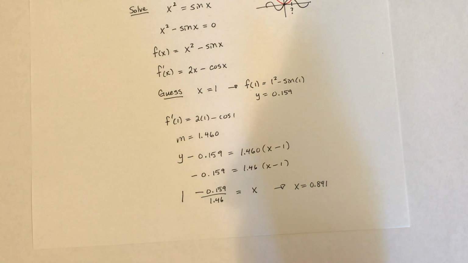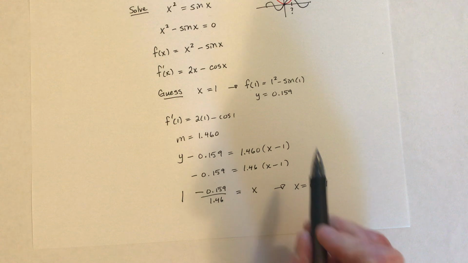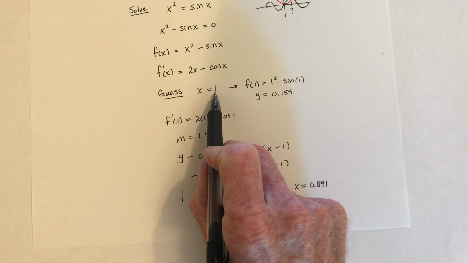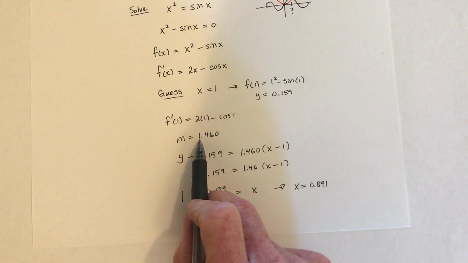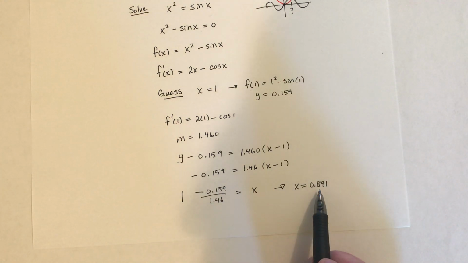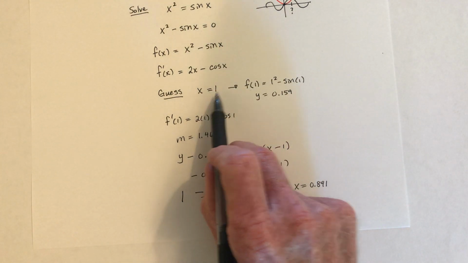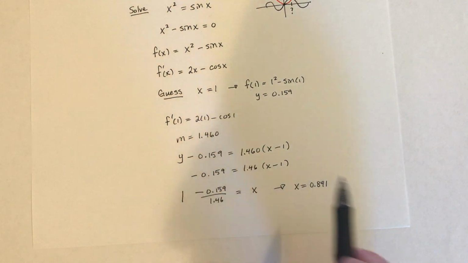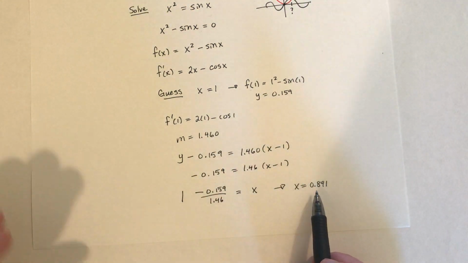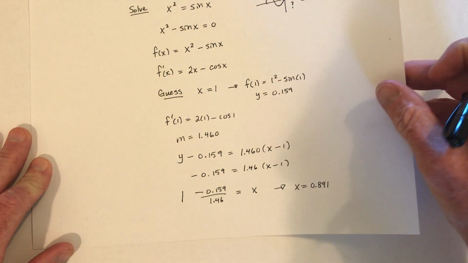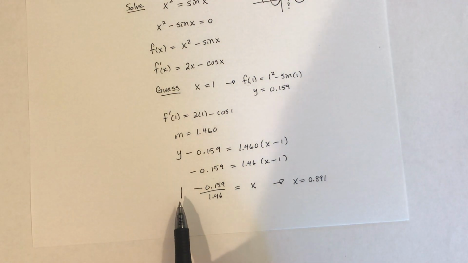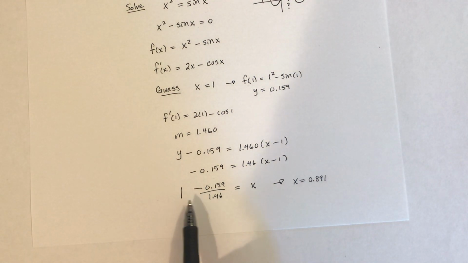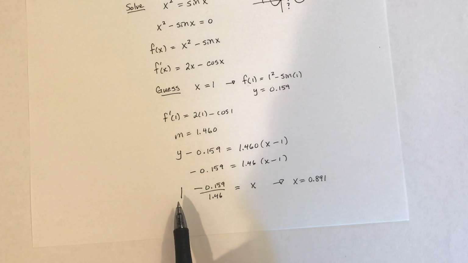Now, what you do is take this, put it back in here, go through the steps again, and then you'll get a guess that's even more accurate. And then you take that, plug it in here, go through the steps again, and you get an answer that's even more accurate. All of that's summarized by what I was just saying right here. This is basically the summarized version of Newton's method.